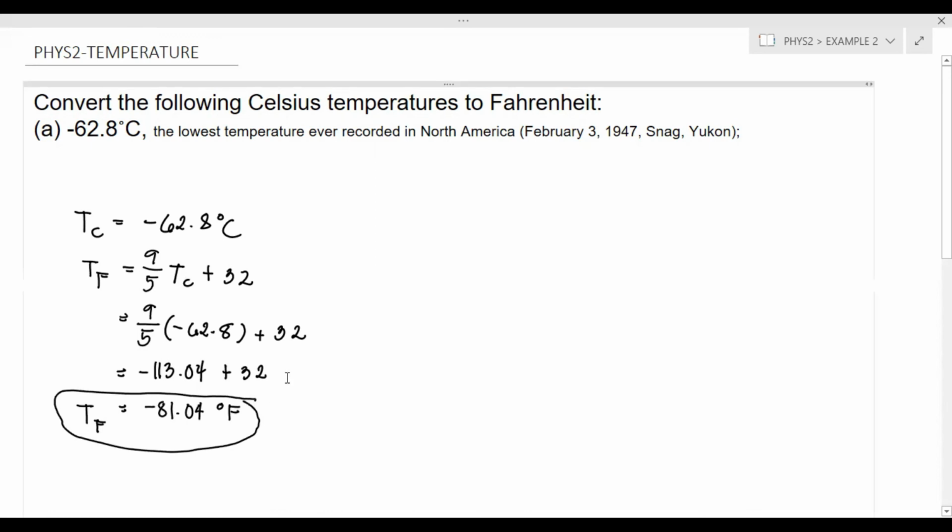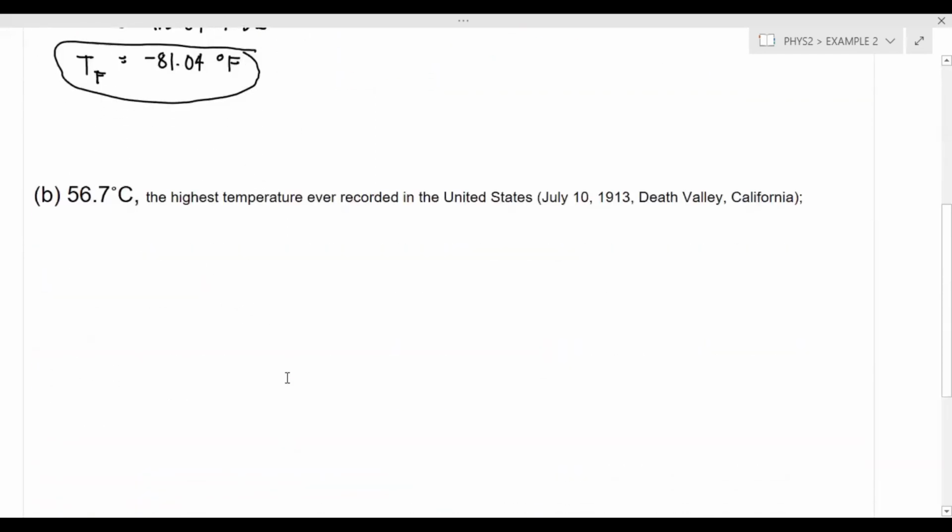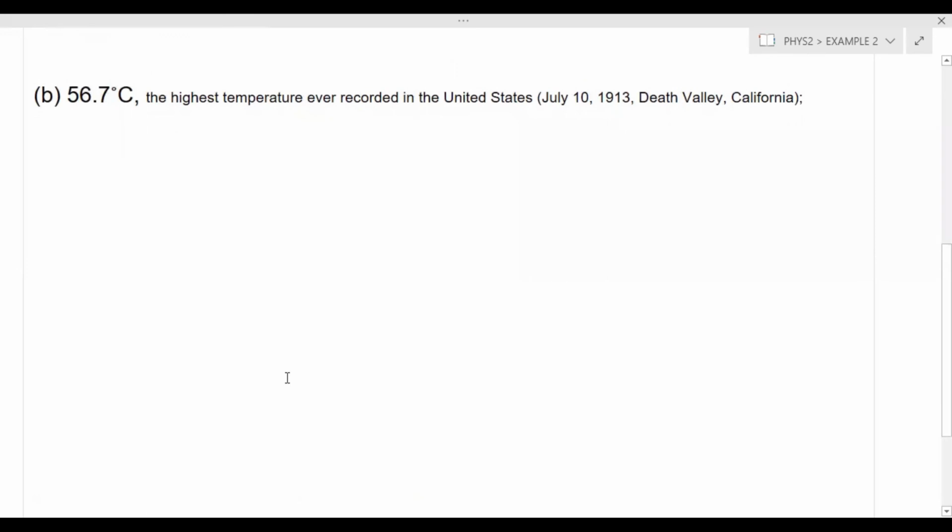Now the next one, we have here 56.7 degree Celsius. Now this is your given. Your Tc is 56.7 degrees Celsius. So Tf, again, that's 9/5 Tc plus 32.